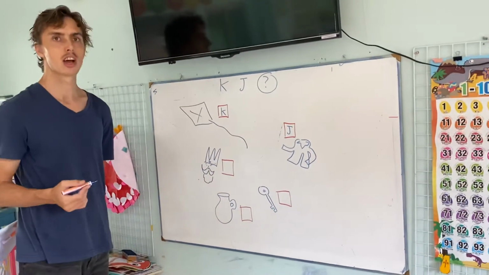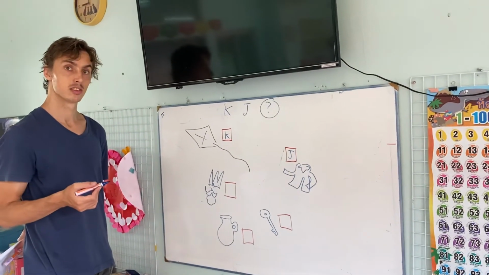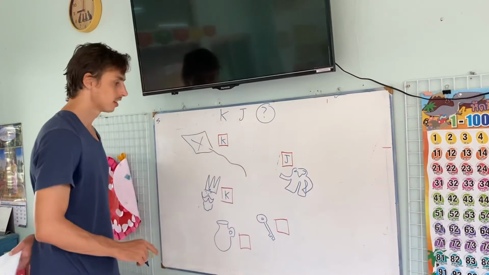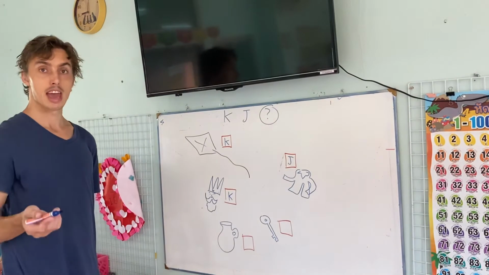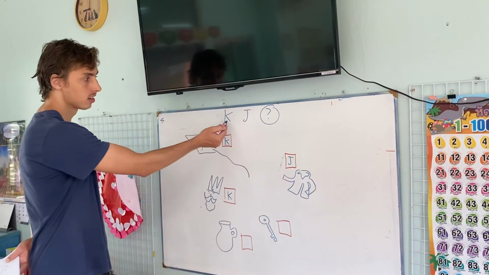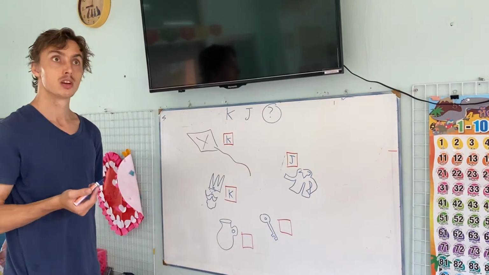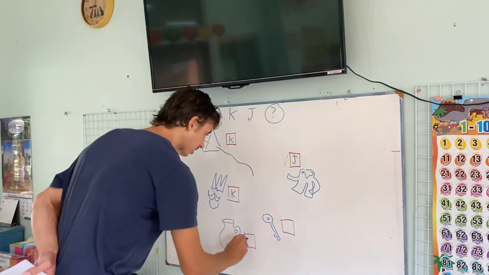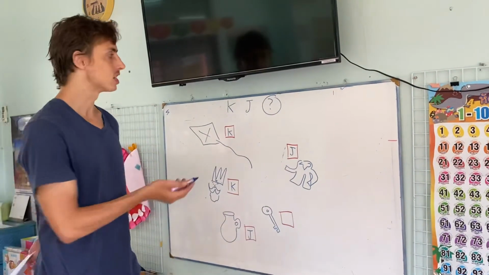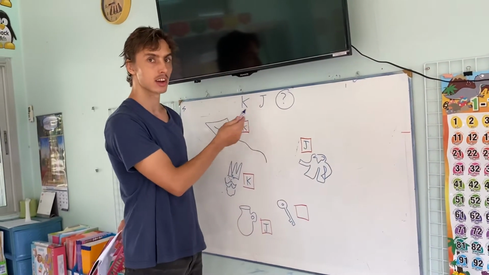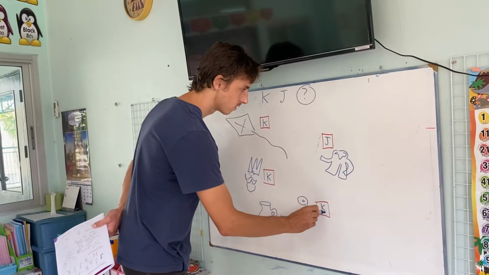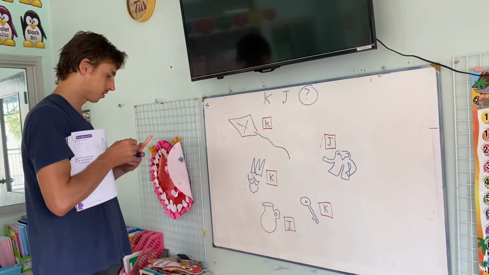K or J? K. King. Jug. K or J? J. Key. K or J? Key. K. Okay, there we go.